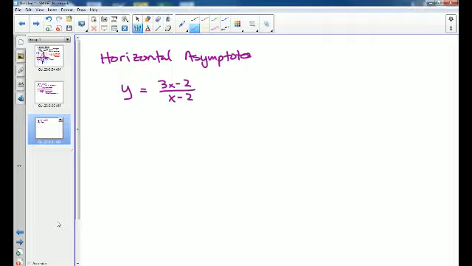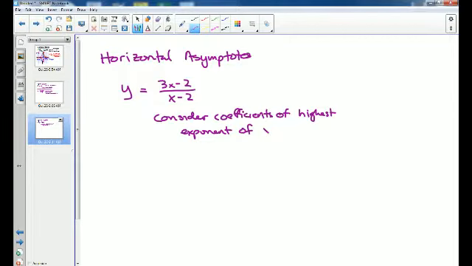To determine horizontal asymptotes, you got to consider the coefficients of the highest exponent of x.